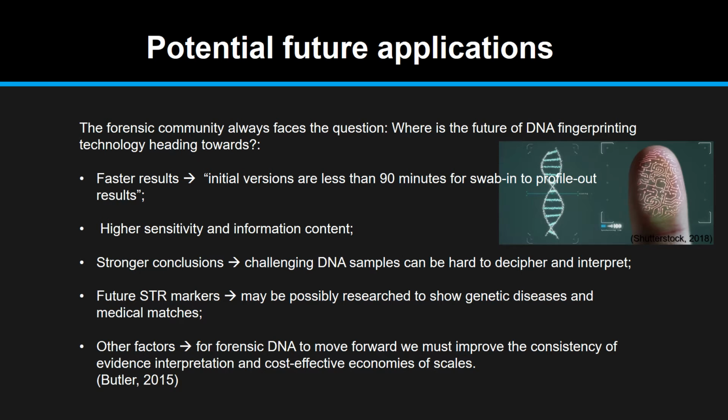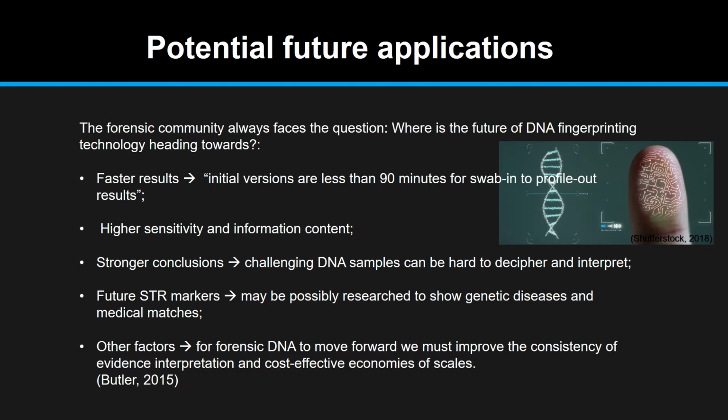Let's start off with faster results. DNA testing protocols can be expected to become much faster with rapid DNA instrumentation. The rapid DNA instrumentation combines together the steps of DNA extraction, rapid DNA PCR, DNA separation, detection, sizing, and genotyping.